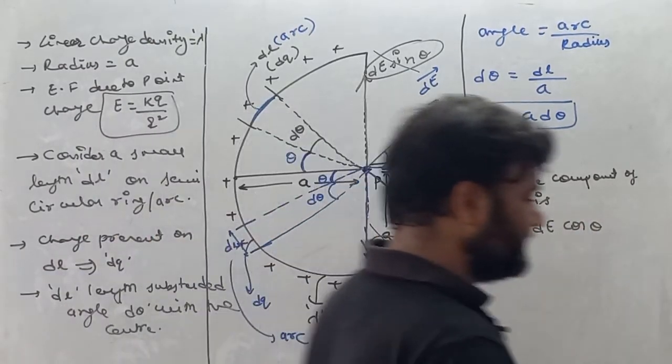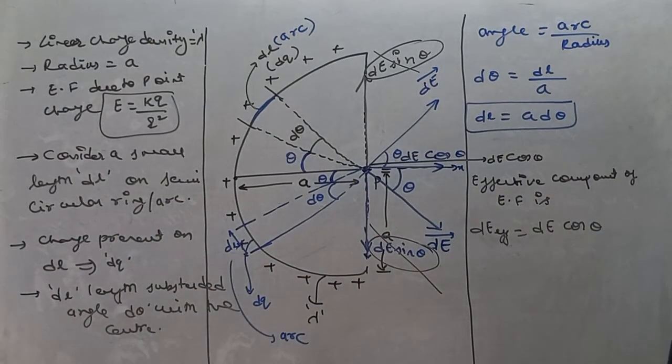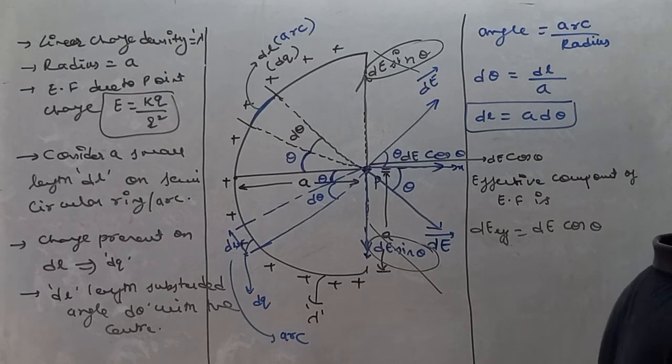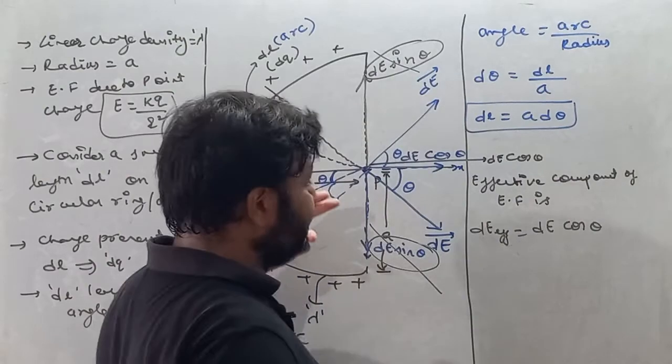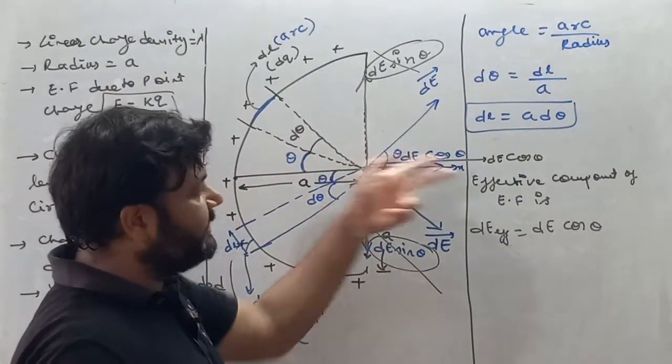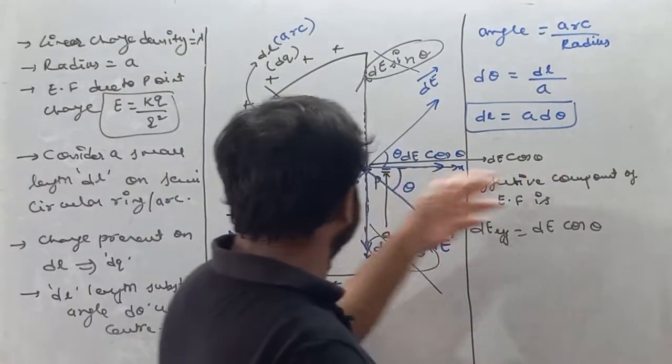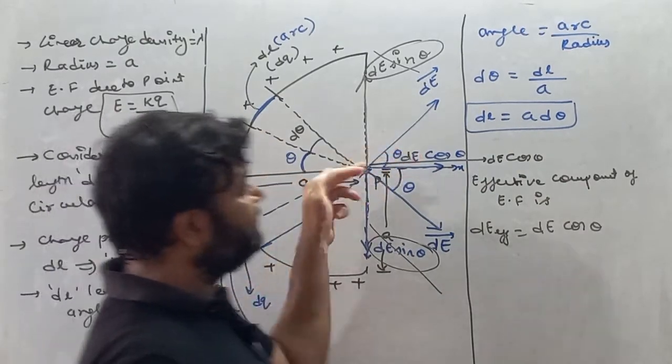So remember this thing: the effective component of electric field is dE cos theta. And if you are seeing here, we have two components of dE, one is dE cos theta for this part and the other is of this part.